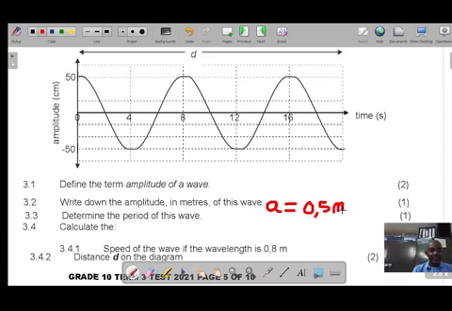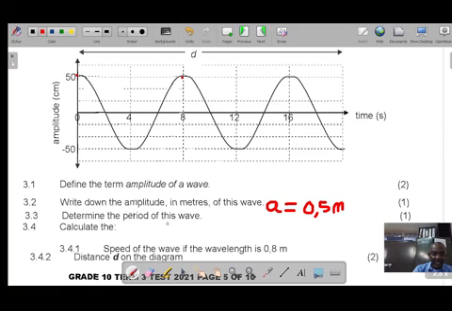Now, period is the time taken for one complete wavelength to pass a fixed point. So you can say, the time taken for 2 points in phase to pass a fixed point. This point here and this point here are in phase. So this time taken, which is 8 seconds, is our period.